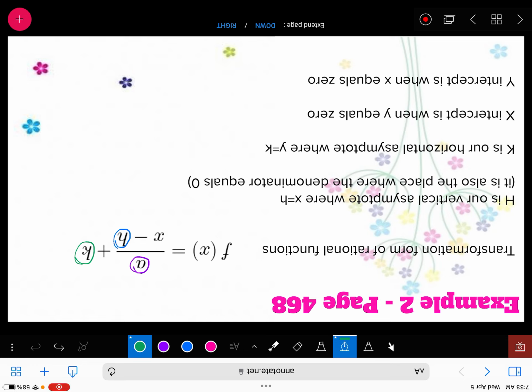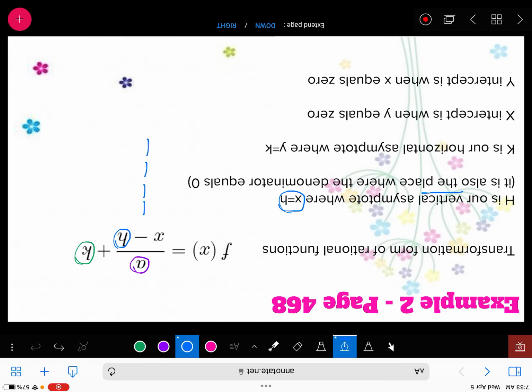A is our vertical stretch or compress. H is our horizontal transformation, and that tells us our vertical asymptote. This is a line on a page. Our vertical asymptote where x equals h is also where our denominator equals 0. That tells us, on that line up on the top, it was that pink vertical line.